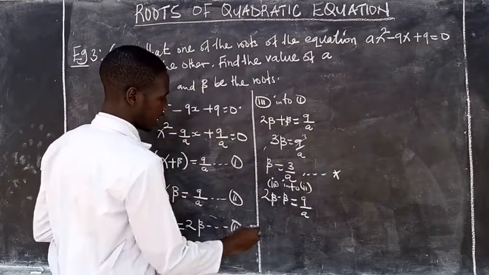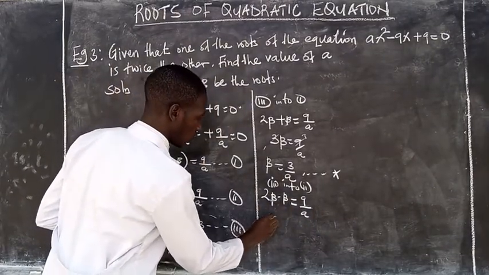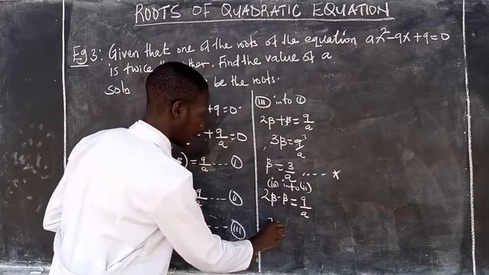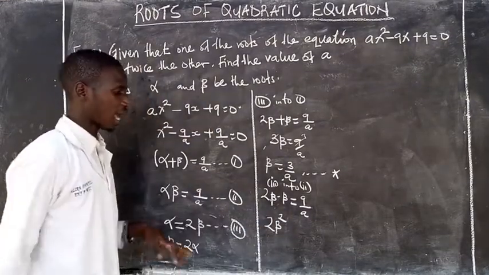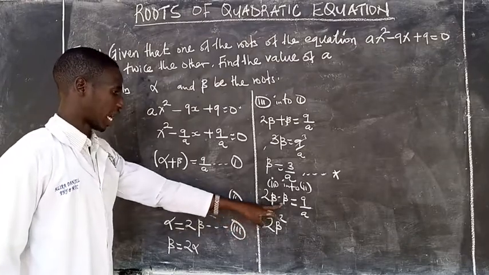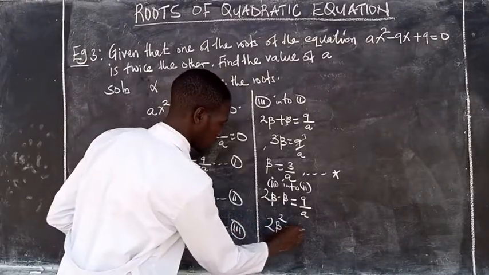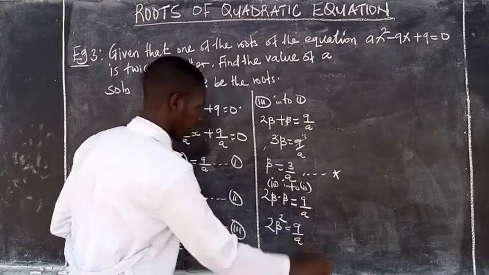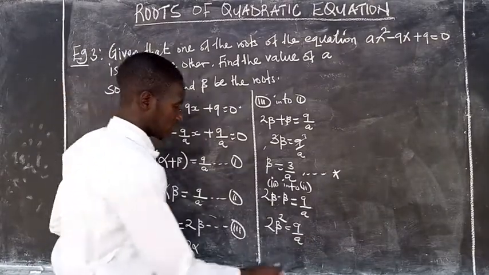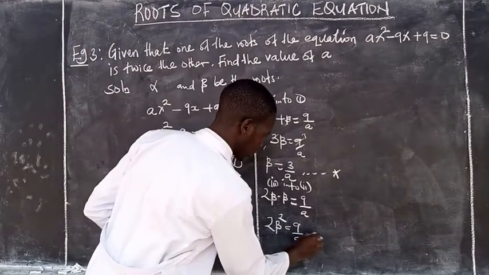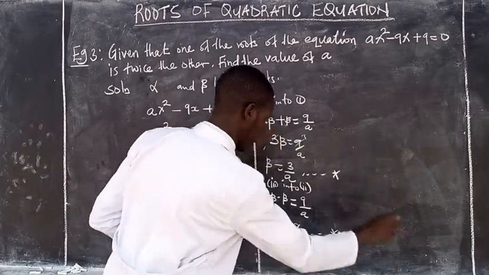So this one is also 2 beta, but this time round it is squared. 2 beta squared should be equal to 9 over a. Good. So we can label this one equation star 2.